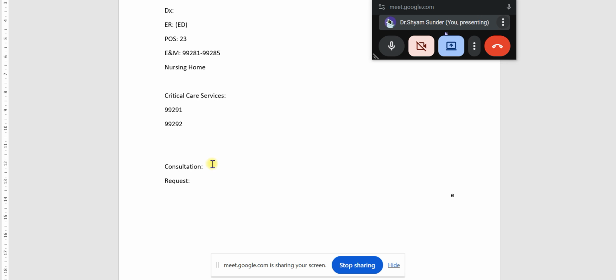The primary physician is requesting expert opinion from the cardiologist. How do you request? You have to write a letter. Dear cardiologist, I'm sending my patient with so and so problem, and he has chest pain. I have taken an EKG. There is a questionable abnormality. Please review and provide your expert advice. That is a request letter.